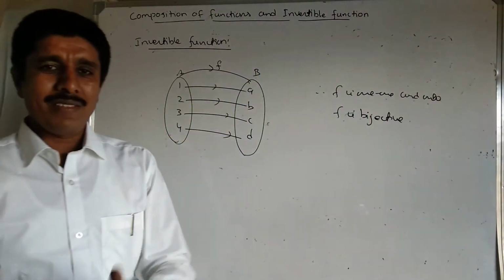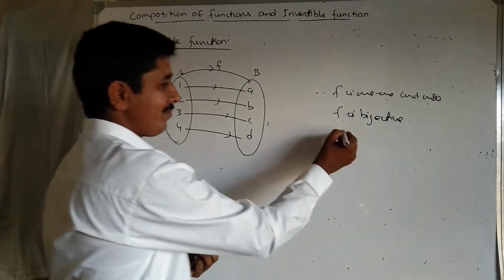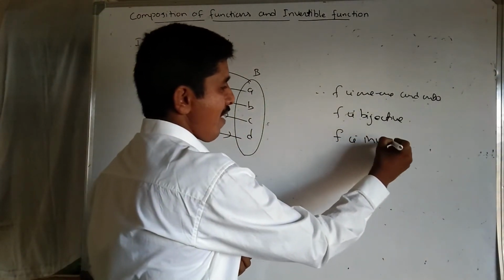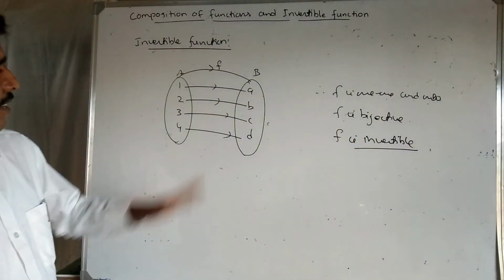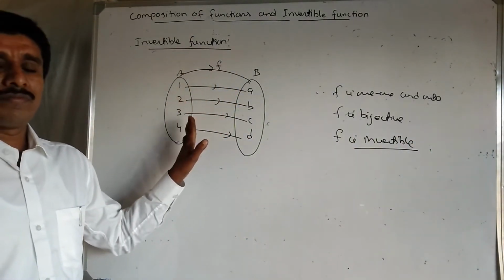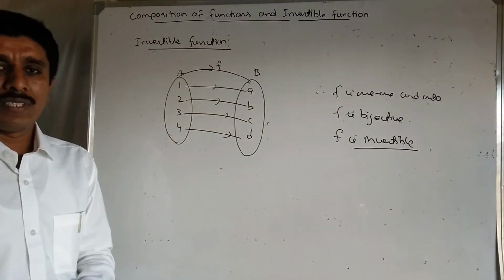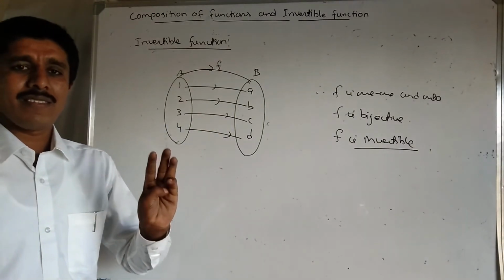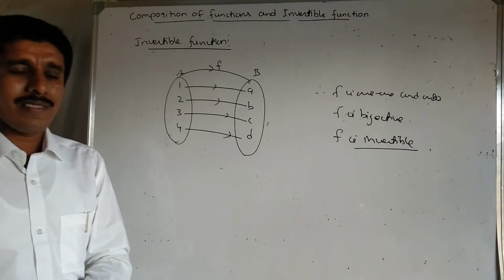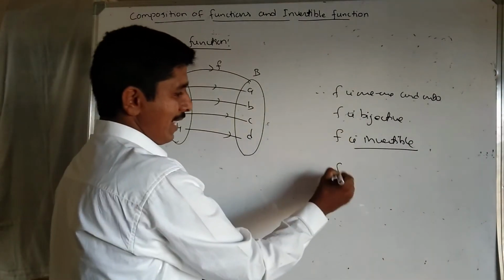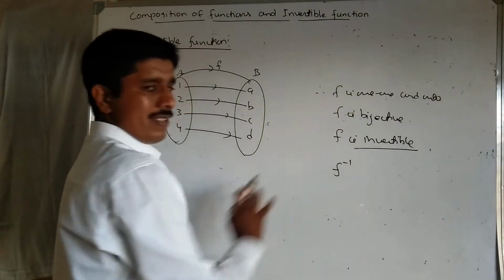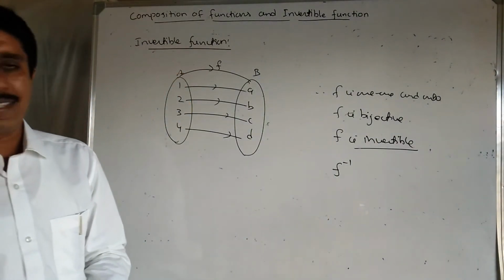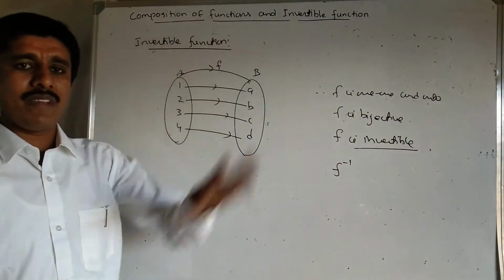If a function is bijective, then the function is invertible. How it is invertible, let us see. Clearly it is 1-1 and onto. Clearly it is bijective. Bijective means the function is invertible. Invertible means the inverse of this function exists. F is invertible means its inverse function exists.